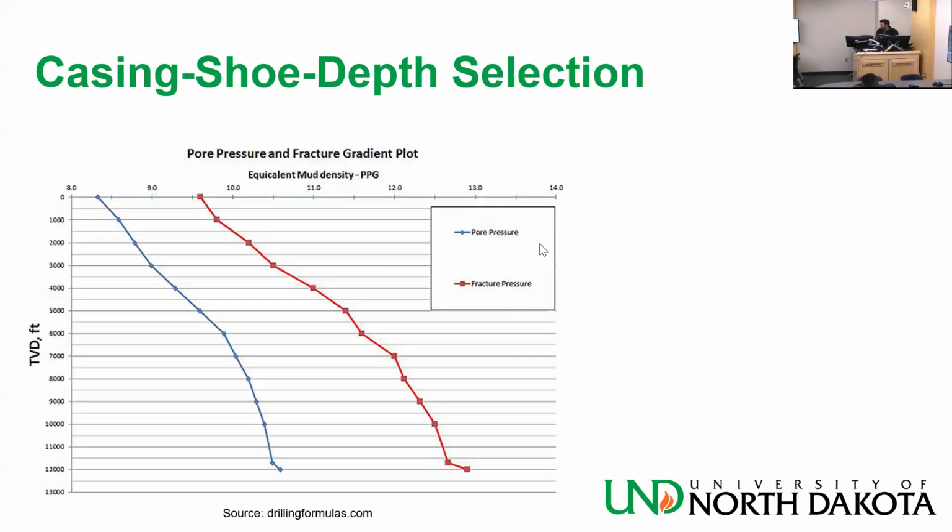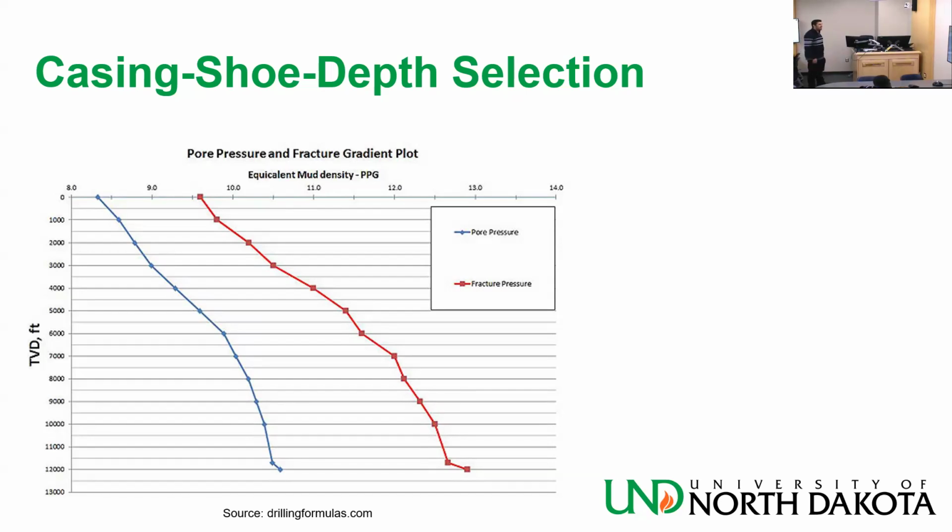Bokun asked me a couple of days ago, how do you do the casing seat selection, right? I thought, you wait, you're gonna see this is what you wait for. So when we drill a well, we have to have the mud weight, the mud density, stay within a certain window, okay?